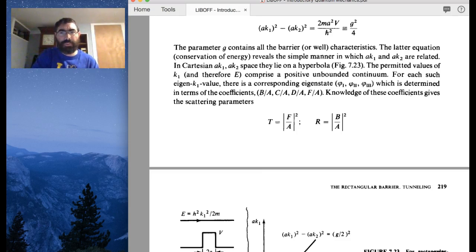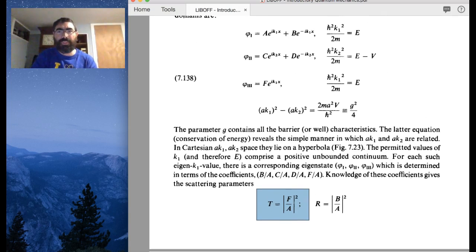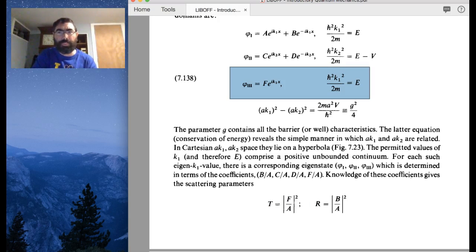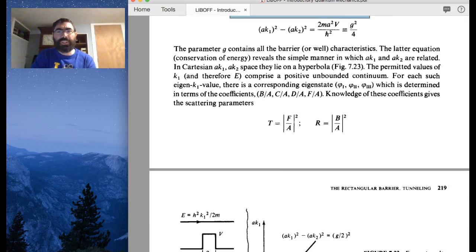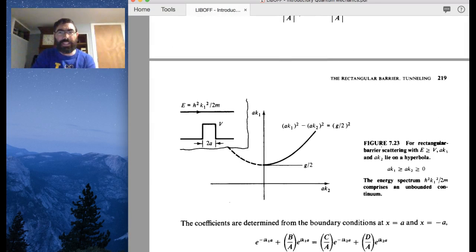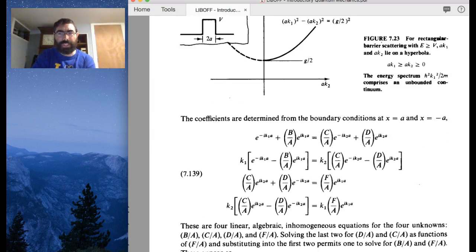In this case, the reflection coefficient would just be the ratio of normalization constant B to A, squared, and the transmission would be the normalization constant F divided by A, squared, the normalization constant for that transmitted wave in region 3. So the question is, how are we going to get these normalization constants? The idea is to solve the boundary conditions.